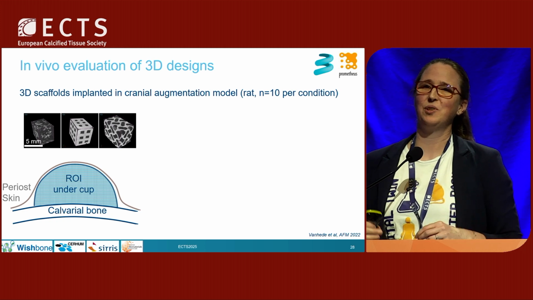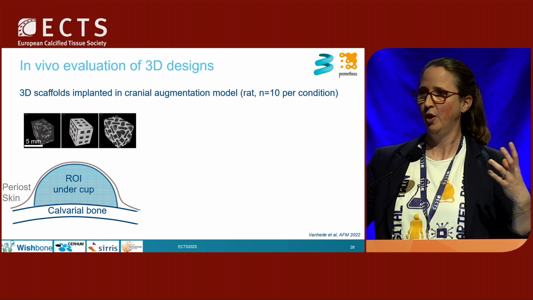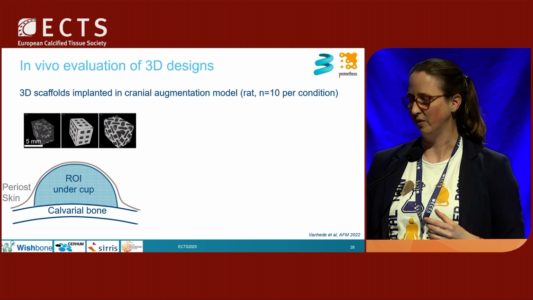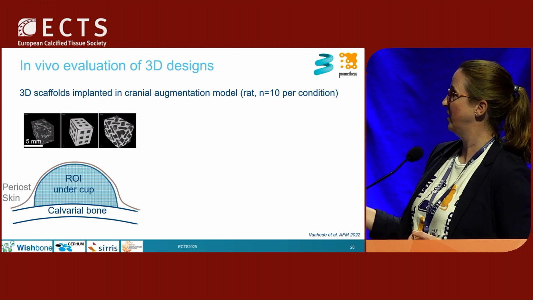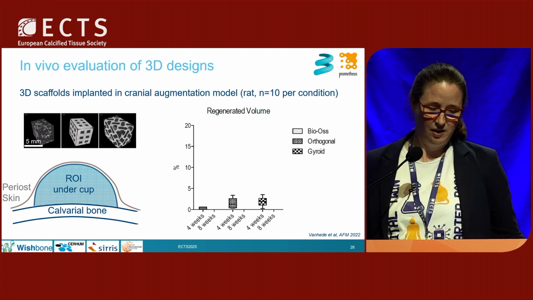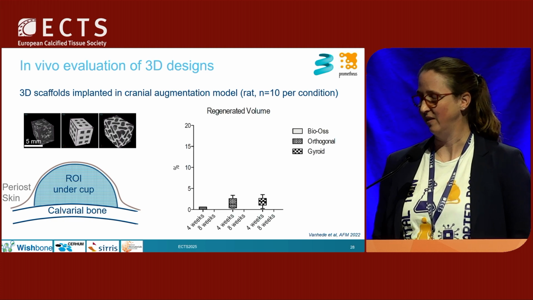But what is more important for the cells, it presents a geometry that has very regular curvature throughout the entire scaffold. This was implanted with colleagues in Liege from dentistry in a calvarial bone model under a cup, where we looked at bone regeneration inside.